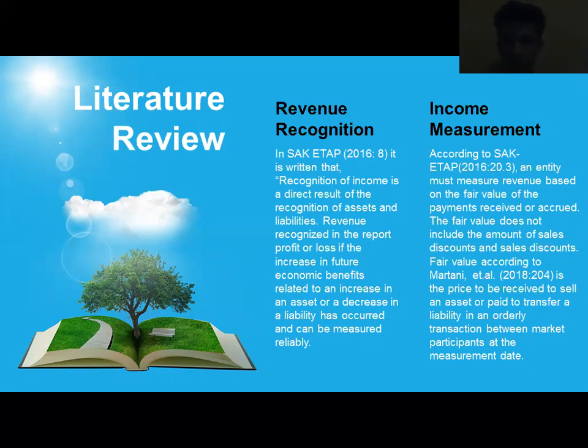The next, income measurement according to SAK ETAP 2016, page 20.3, an entity must measure revenue based on the fair value of the payment received or accrued. The fair value does not include the amount of sales discount and sales discount.